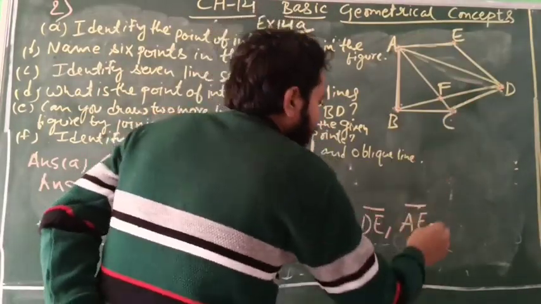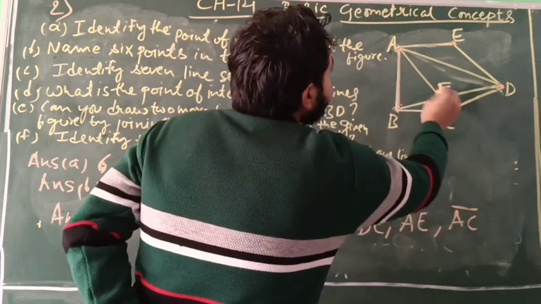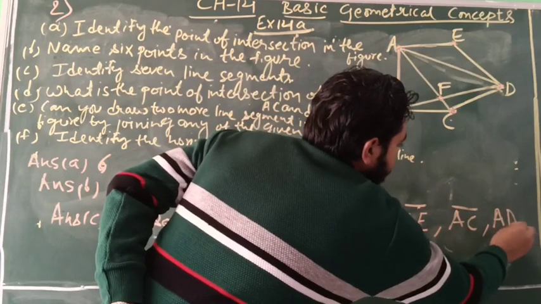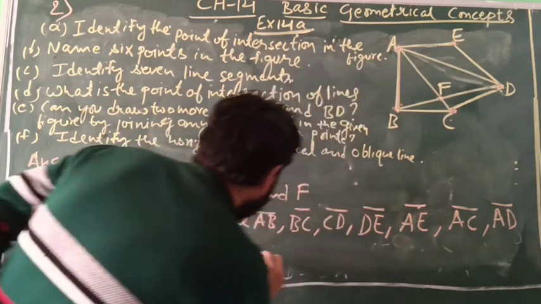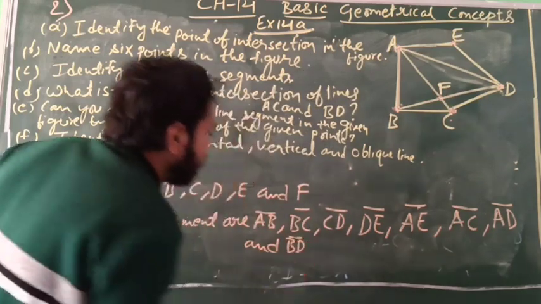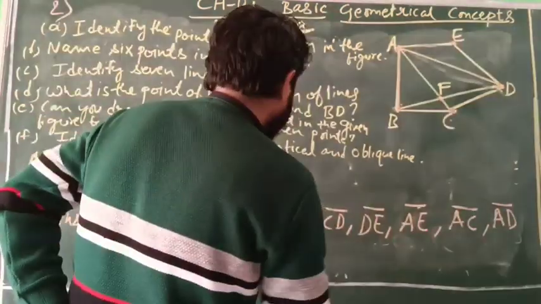Now AC, okay, AC and AD and BD. How many? 6, 7, 8.